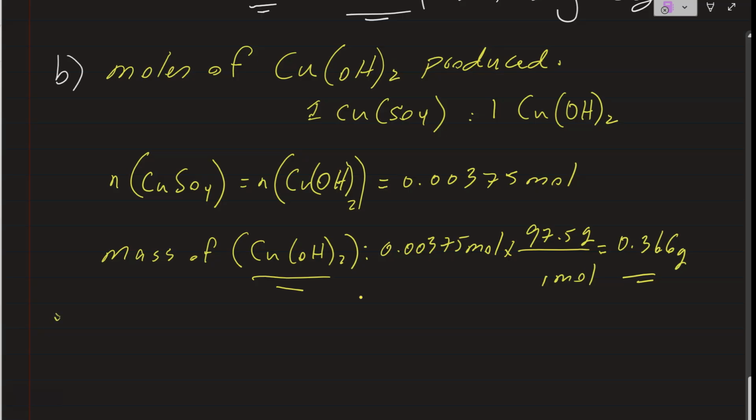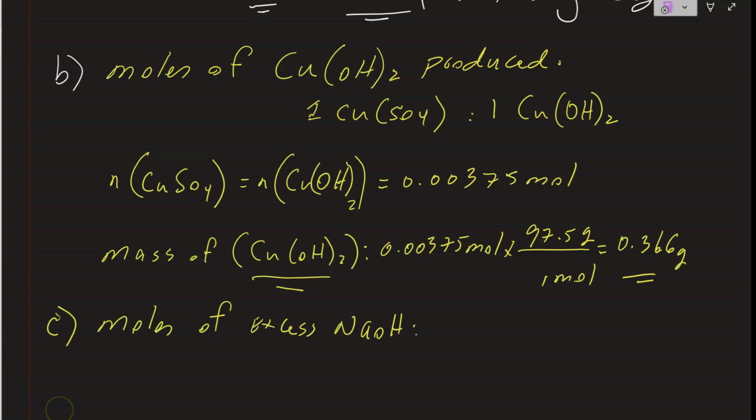That's part B. And then the last part, part C, it says moles of excess NaOH. And that is simply, originally what we have is 0.0100 mole, and then subtract what was used.